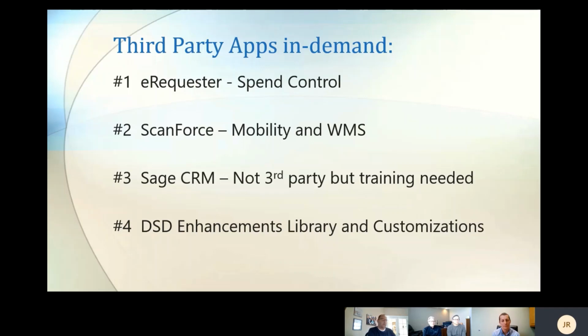Yeah, I think when we look at Sage 100 and its longevity in the market, you really see a lot of people out there in the world, DSD being one of them, and one that we're affiliated very tightly with. But there's catalogs of enhancements out there. So, you want to generate a purchase order from a sales order, and you want it to do X function in the middle of that and bring some data over.